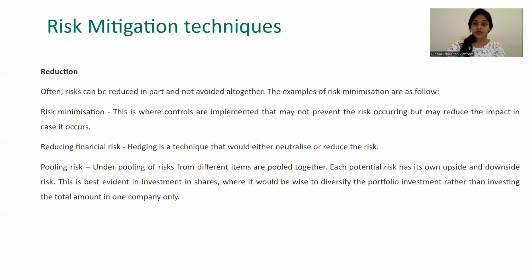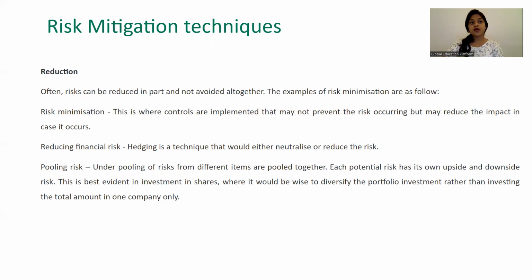The next would be reduction of risk. Often risks can be reduced in part and not avoided altogether. Of course, the examples of risk minimization are as follows. Risk minimization is where controls are implemented that may not prevent the risk occurring but may reduce the impact in case it occurs.